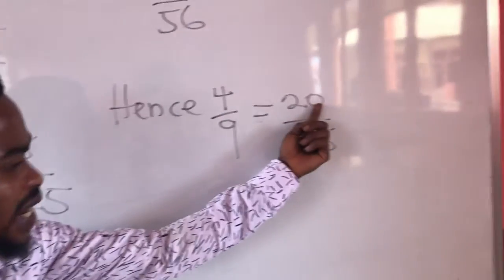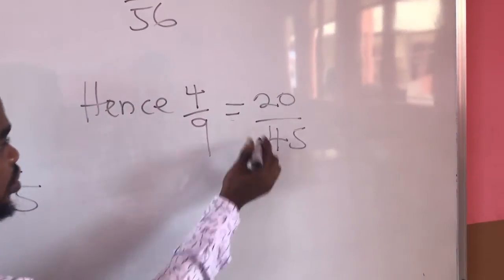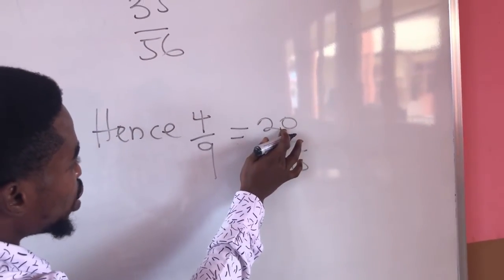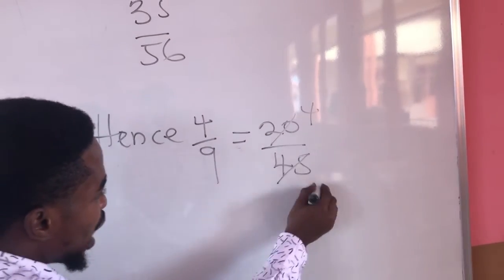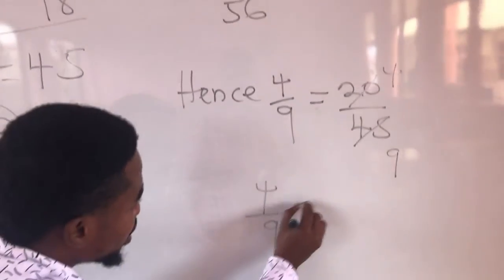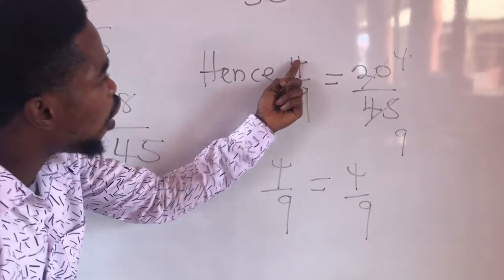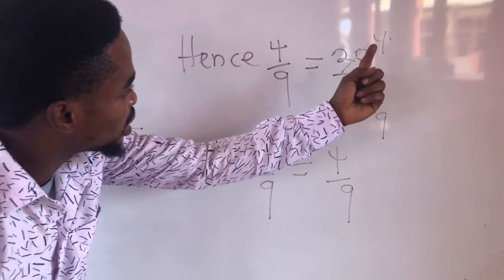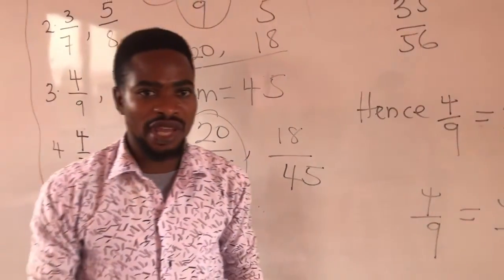I have to break this one down. Alright, so to break this one down, which number can go into the 20 and go into 45? 5 goes here, 4 goes here, 9. So I have here 4 over 9 equals 4 over 9. Hence, 4 over 9 is the same as what? 20 out of 45.